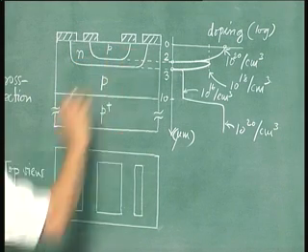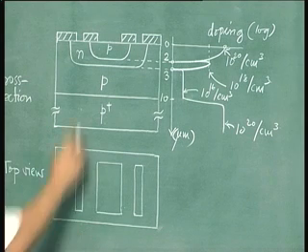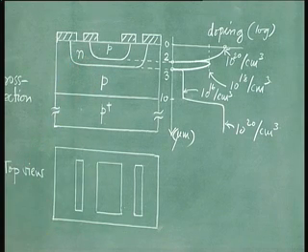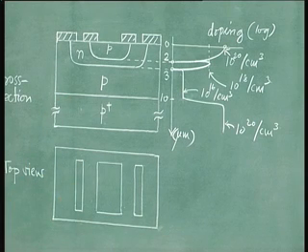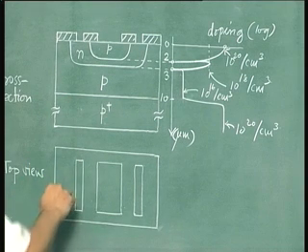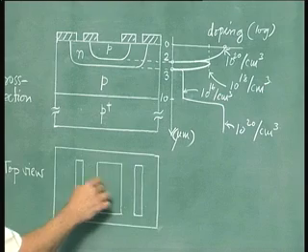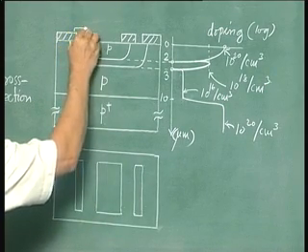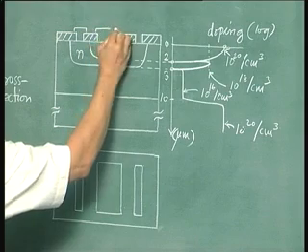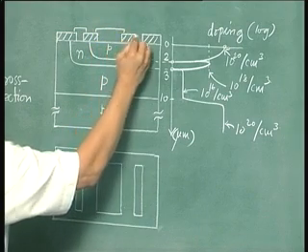Now this is the cross section of the device. This is the PNP transistor. The top view of this device would look something like this. These three show the metal contacts. When you want to take the metal contacts in a cross section, they will look something like this.